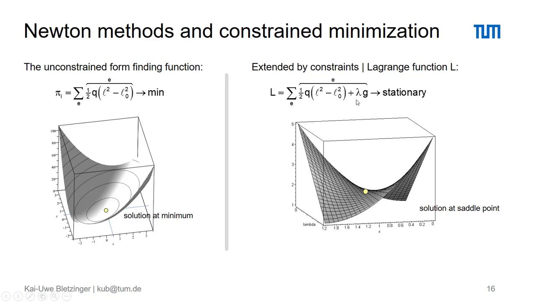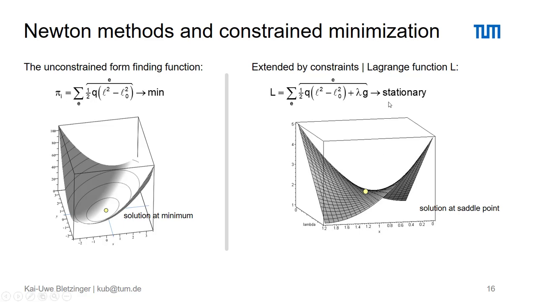If we now add constraints, as we have just seen, by this Lagrangian technique, adding to the quadratic energy term this constraint term with the Lagrange multipliers, then in terms of the free variables x and the Lagrange multipliers lambda, the function all of a sudden is a saddle function. It's not looking like that anymore, it looks like this. And the constrained solution is at the saddle point of this saddle function.